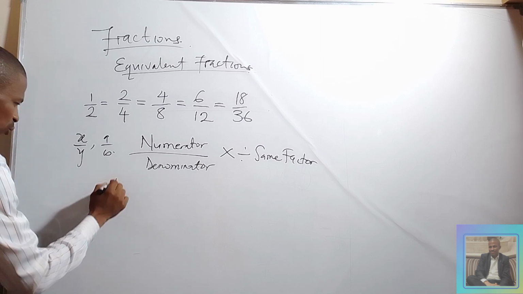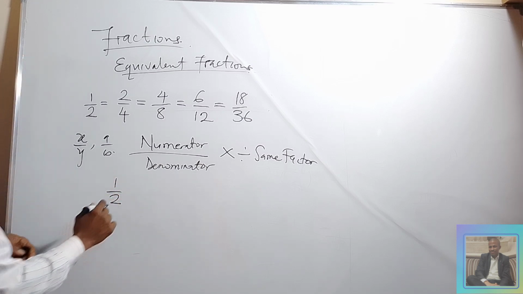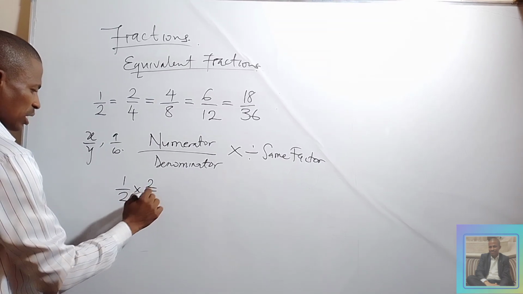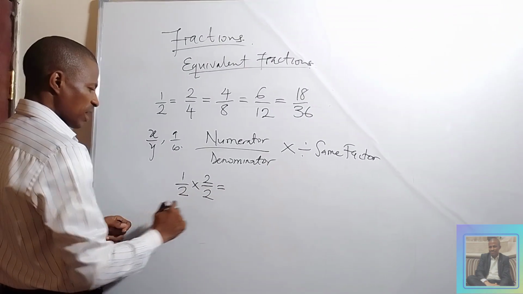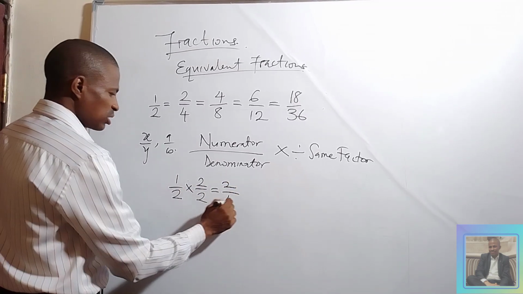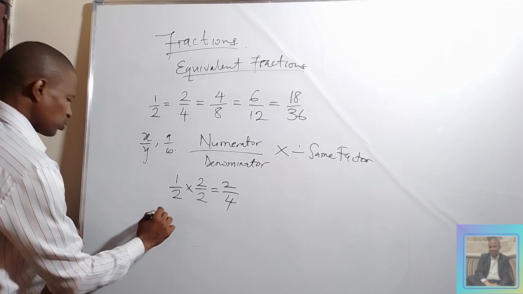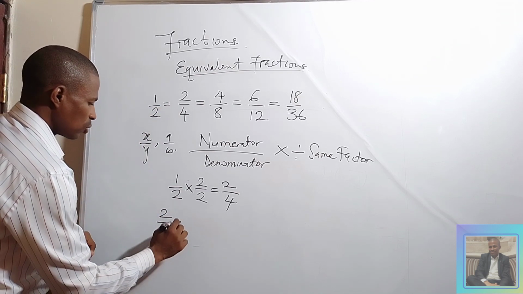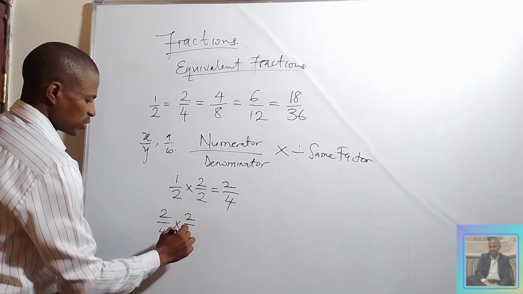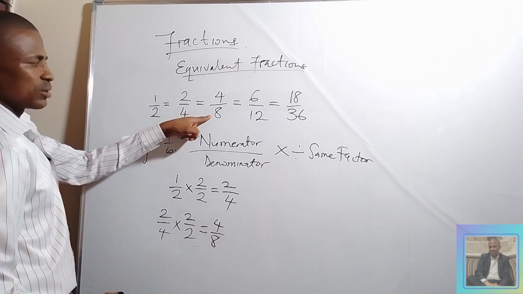As we have above, 1 over 2. 1 is the numerator, 2 is the denominator. If we multiply by 2 and 2, 2 times 1 is 2, 2 times 2 is 4. That's why I said they are equivalent. As we have 2 over 4, we multiply this by 2 over 2. We have 4 over 8. That's what we have here.